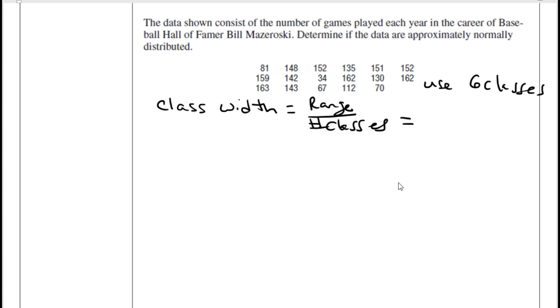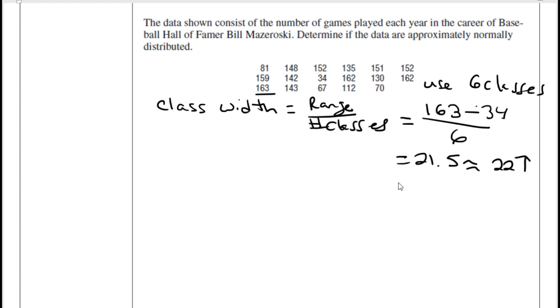We have 163 as our biggest number, minus 34 as our smallest number, and divide by 6 for our class width. So we get 21.5. Again, we're going to round that up. All right, so that's our number.